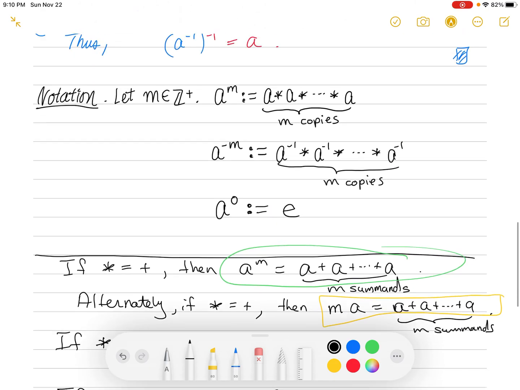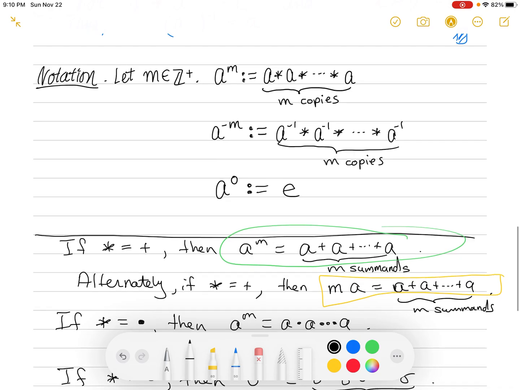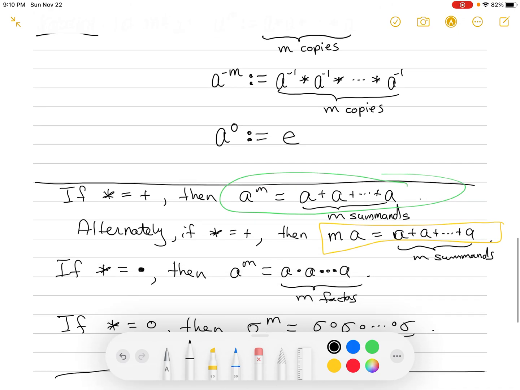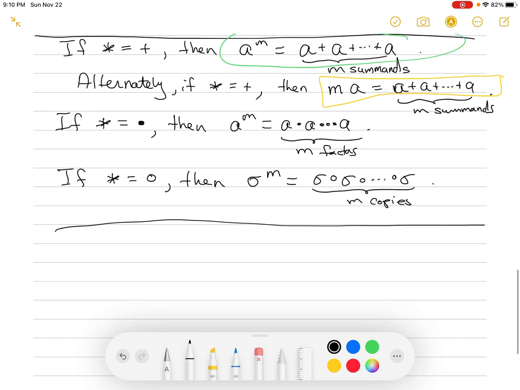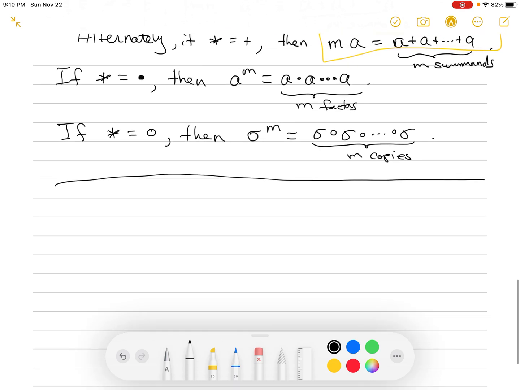So what else do I want to say here? I guess we want to do a theorem. Theorem 7.7. This basically is your properties of your exponents.